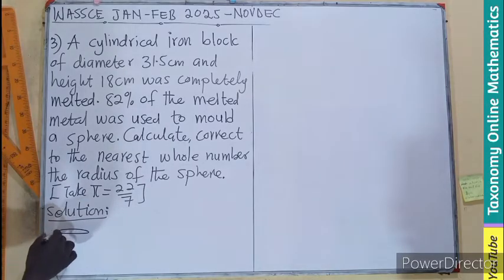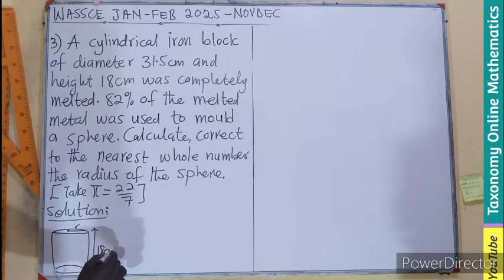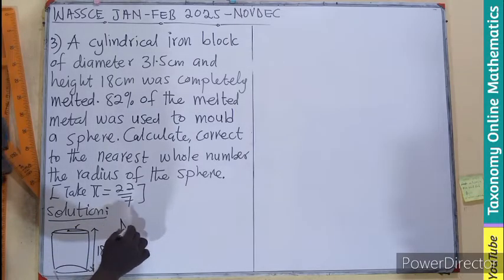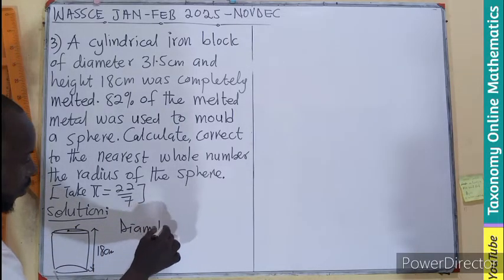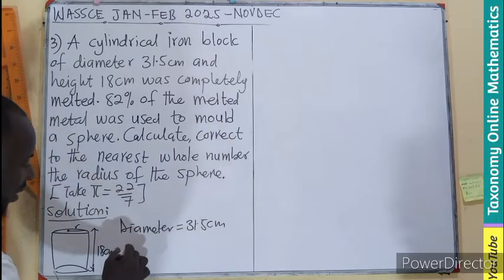Remember, a cylinder is in this shape where this is the radius and this is going to be the height, which we have been given as 18 centimeters. We need to know what the radius is. The diameter is given to us as 31.5 centimeters.